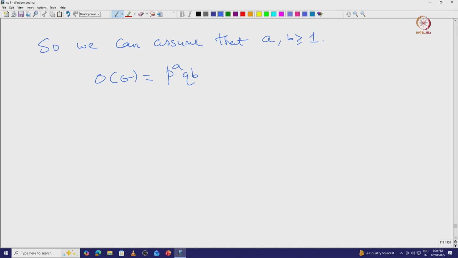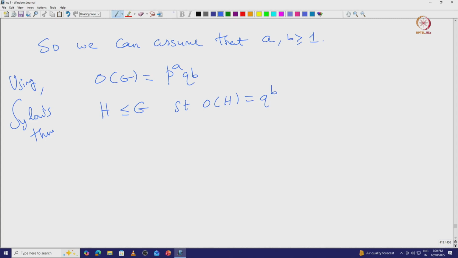Now what we can do is take a subgroup H of G. This comes from Sylow's theorem. Using Sylow's theorem we can get a subgroup H of G such that the order of H is exactly q^b.